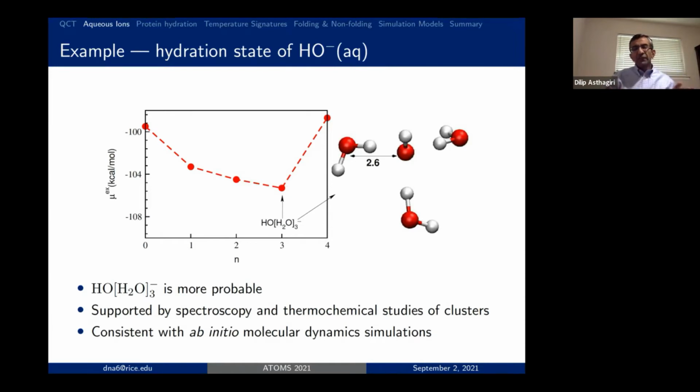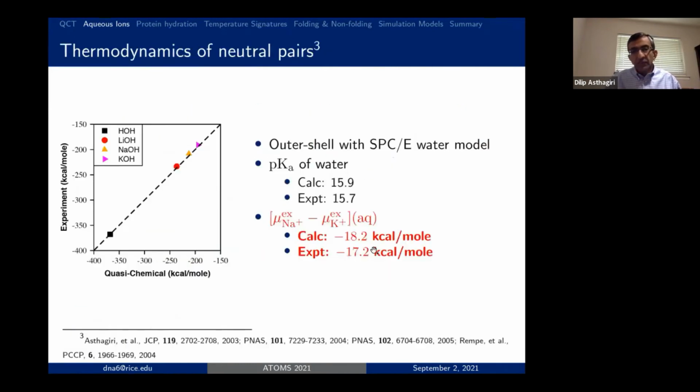So now that we have an optimal cluster, and we choose the optimal cluster just to make the calculations work out nicely, given all the approximations that we are building in, we can go ahead and do the same kind of approach for all the other ions. And here are some results that we are showing.